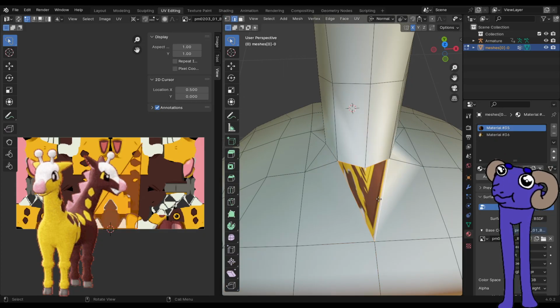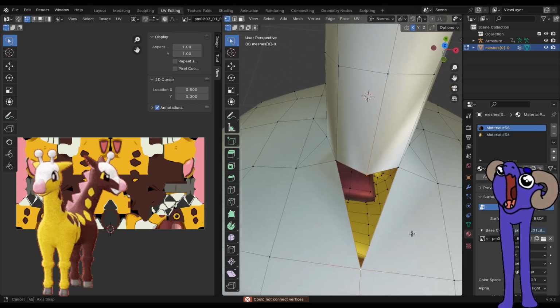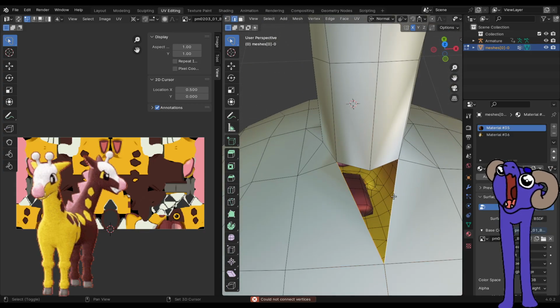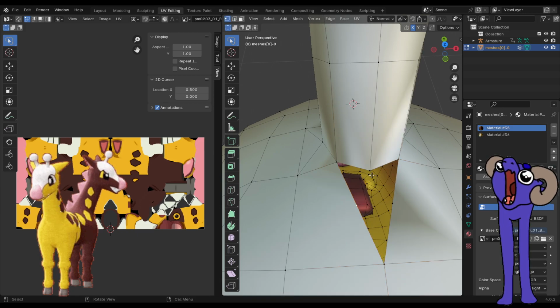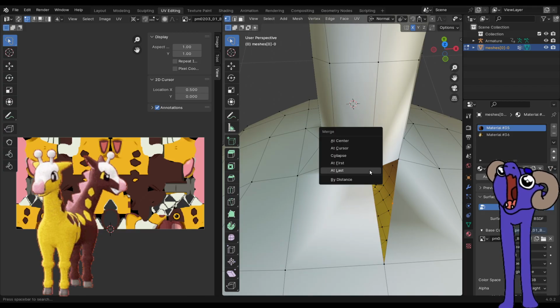I can just... oh geez. Should just be able to join this together? Although it's looking like it's going to be a little bit of a butt, so I might honestly just do this instead.